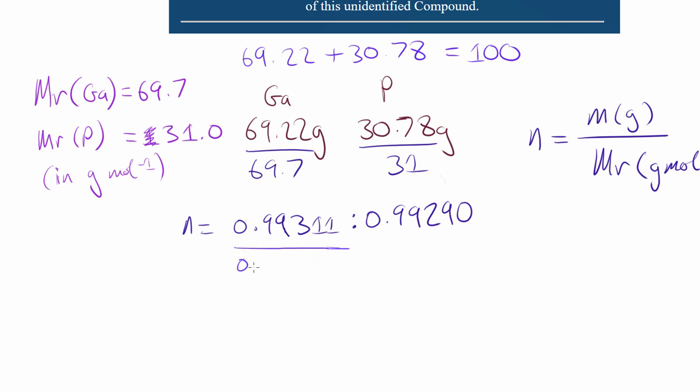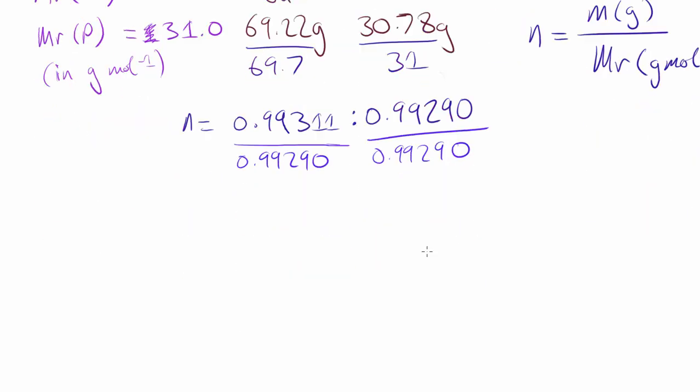So 0.99290 divided by 0.99290, and we could divide the gallium value by 0.99290 as well. In this particular case, we don't need a supercomputer to work out what that's going to be. On this side it's of course going to be 1.